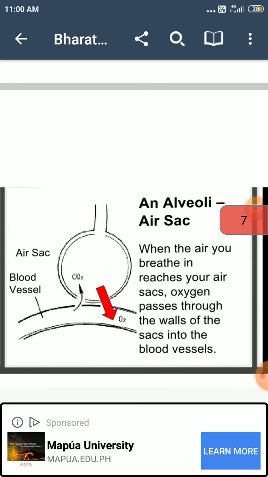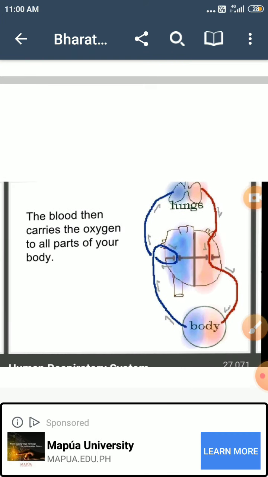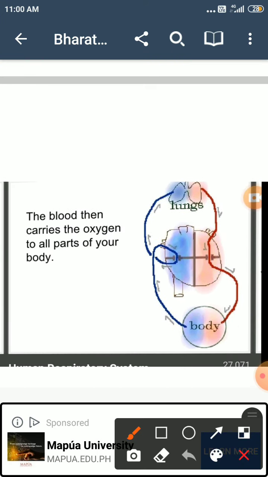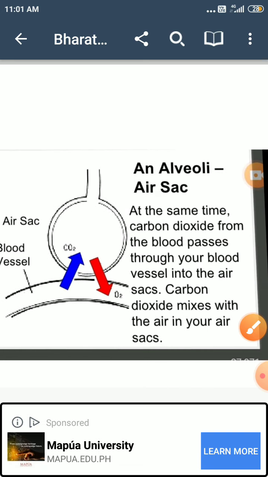Get it? Then from the alveoli, the blood carries the oxygen to all parts of our body. Now oxygen has come into the blood, and it is supplied to all parts of the body. Then in the cells again CO2 is produced.